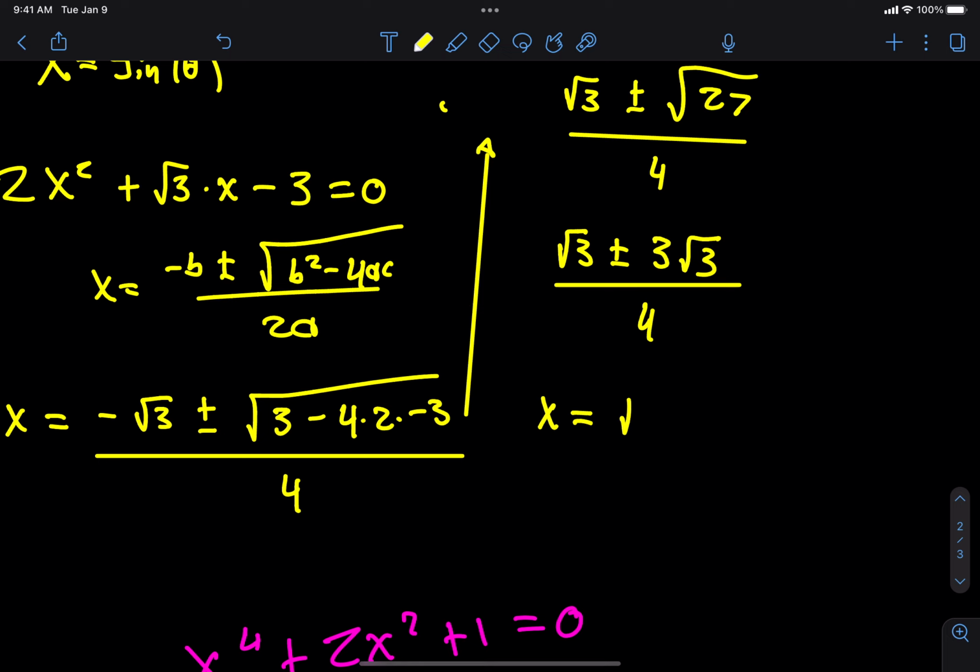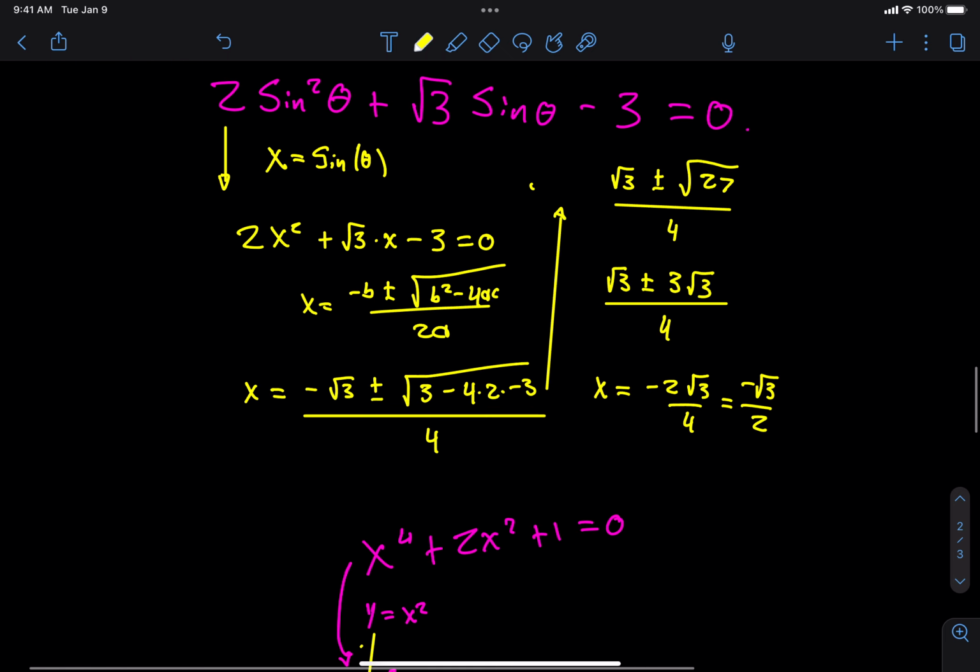The first one is x equals negative 2 square root 3 over 4, which would be negative square root 3 over 2. That's one solution.